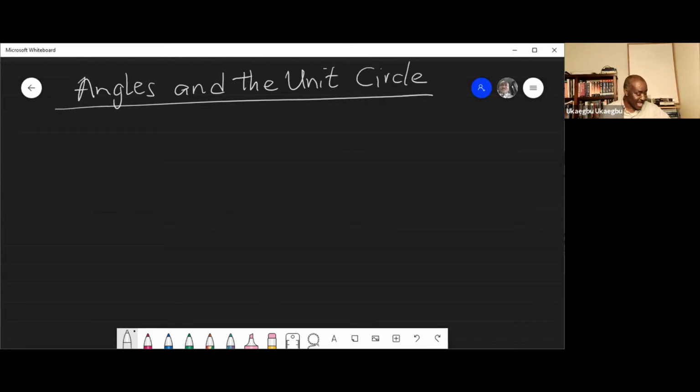Now the essential question we need to ask is a guiding principle. What is going to be our guide in order to explore angles and the unit circle?